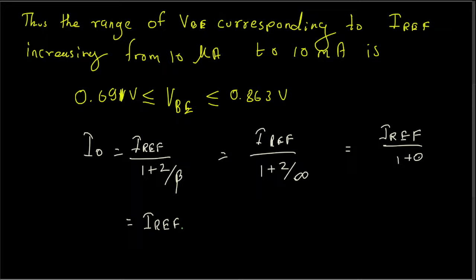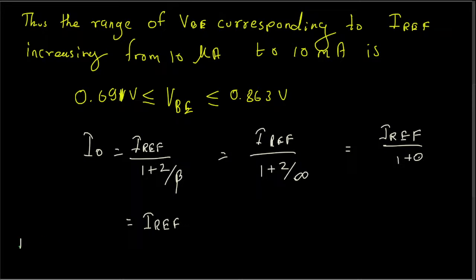Which means when I reference is 10 microampere, I naught is also 10 microampere. When I reference is 10 milliampere, I naught is also 10 milliampere. Whatever the I reference is, that's going to be the I output as well.